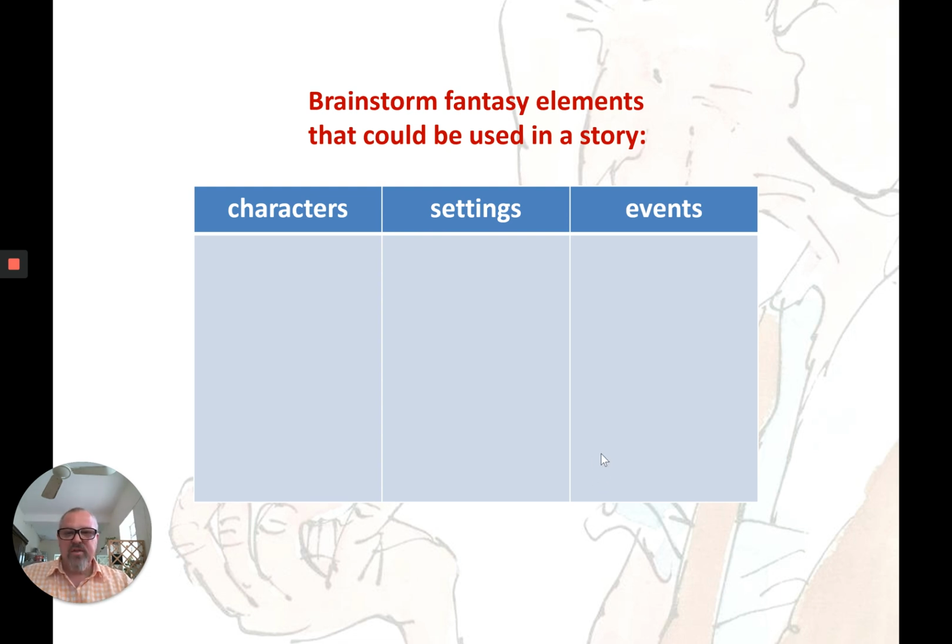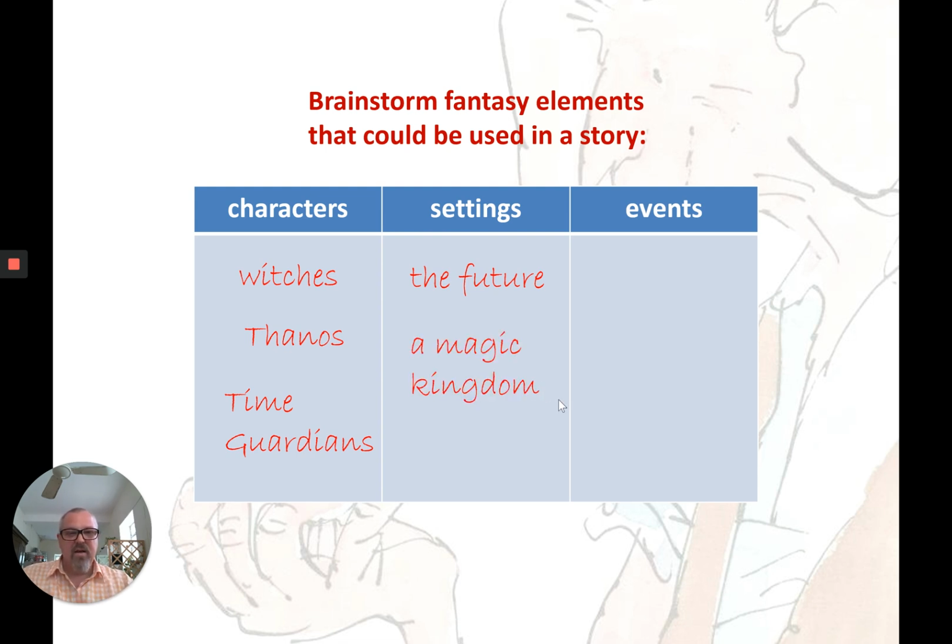Well, for characters, I've got witches, Thanos, Time Guardians, Mortlock. That's for characters. And then for setting, the future. So a story where there's time travel and a magic kingdom. And for events, casting a magic spell or time travel, as we just mentioned.